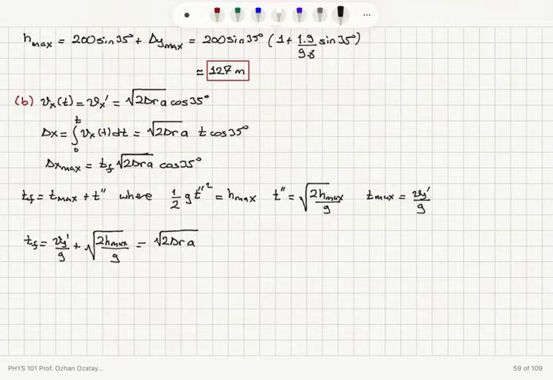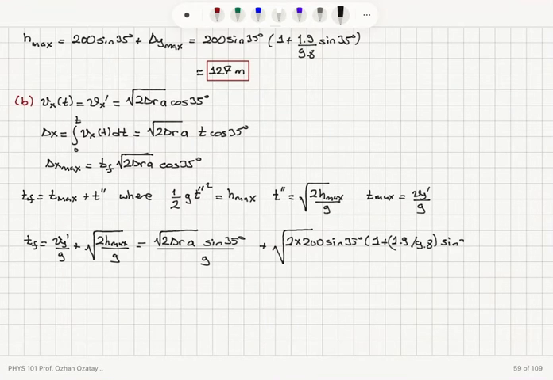the square root of 2 delta Ra sine 35 over g, plus the square root of 200 sine 35 times (1 plus 1.9 over 9.8 sine 35), divided by g, 9.8, the square root of 2h max over g.